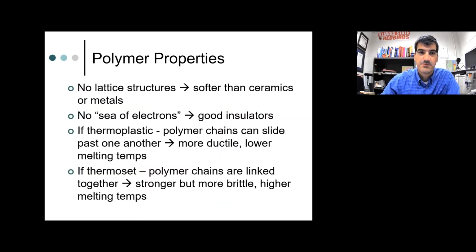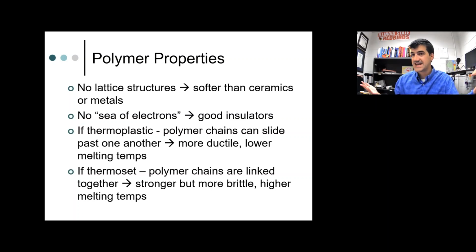All right, so polymers in general do not have lattice structures. They just have these long molecules that are held together with intermolecular forces, generally. There's no sea of electrons, so they're good insulators. If they're thermoplastic, then those molecules can slide past each other, which makes them fairly ductile, with lower melting temperatures.